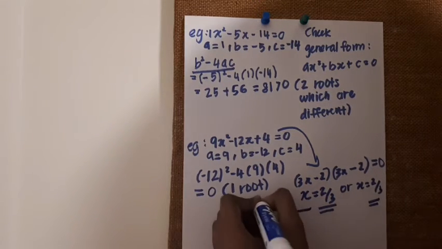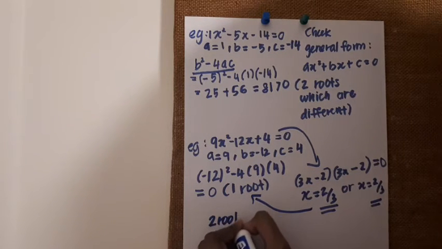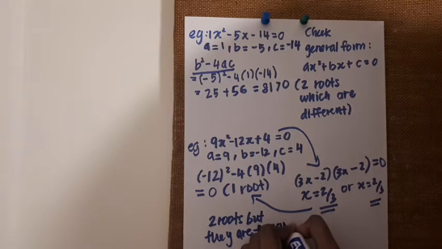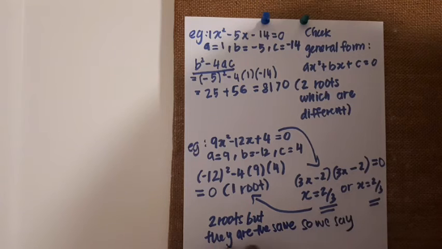So this means that we have two roots but they are the same, so we say it is only one root.